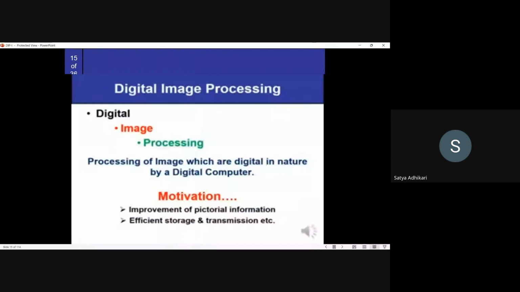And as we discussed, it always has two values. So any picture which has been drawn in the computer is called a digital image. Yes. Okay. Thank you.